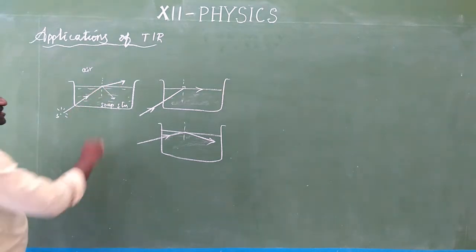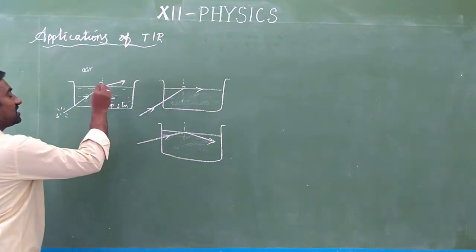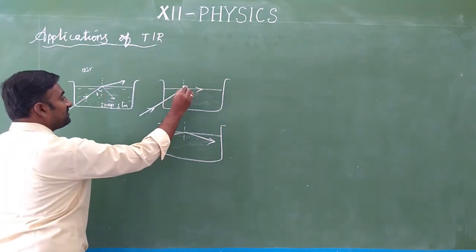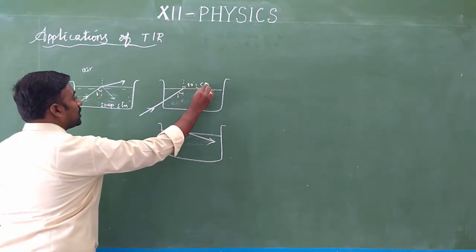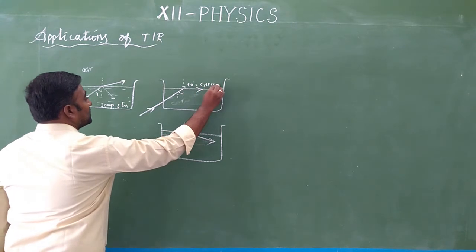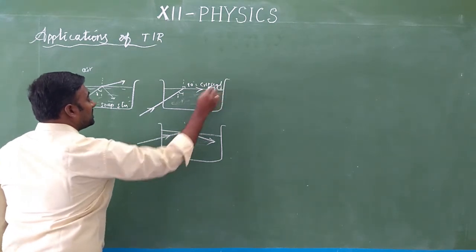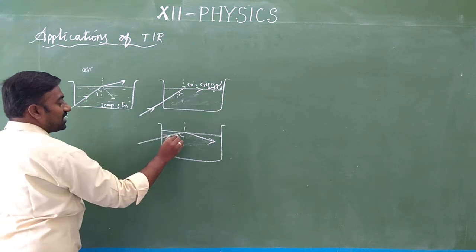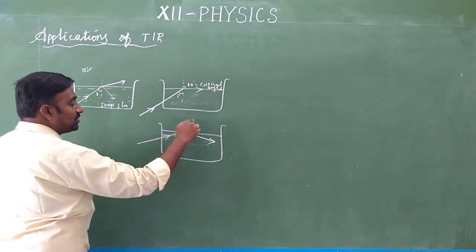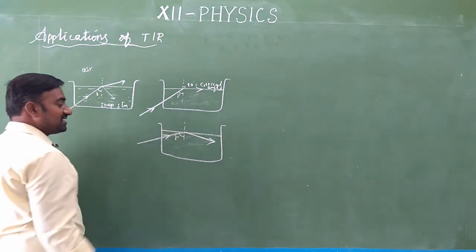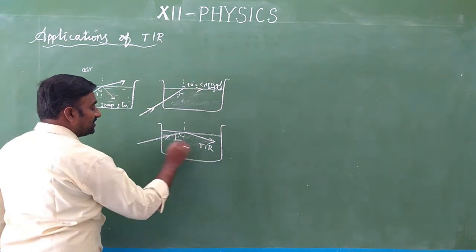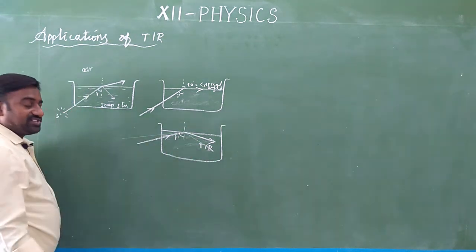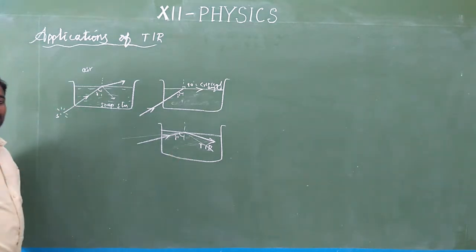So the angle of incidence should be increased. For a particular angle of incidence, the refracted angle becomes 90 degrees, which is called the critical angle. Beyond the critical angle, further if you increase the angle of incidence, this is i dash, i double dash, then there is no refraction, only the reflection takes place. In this case, on further increasing the angle of incidence, only the internal reflection takes place. So this case is called total internal reflection.